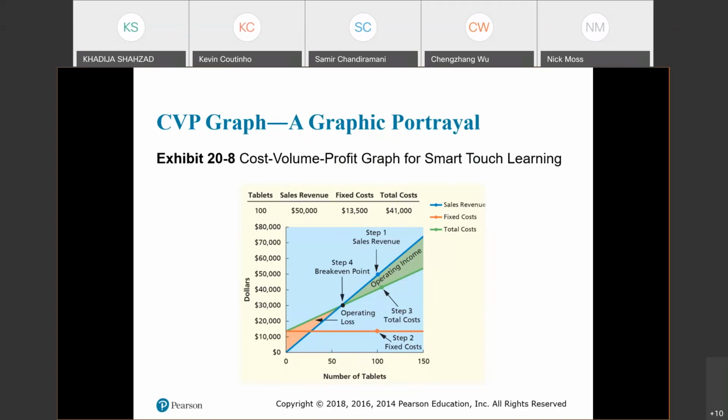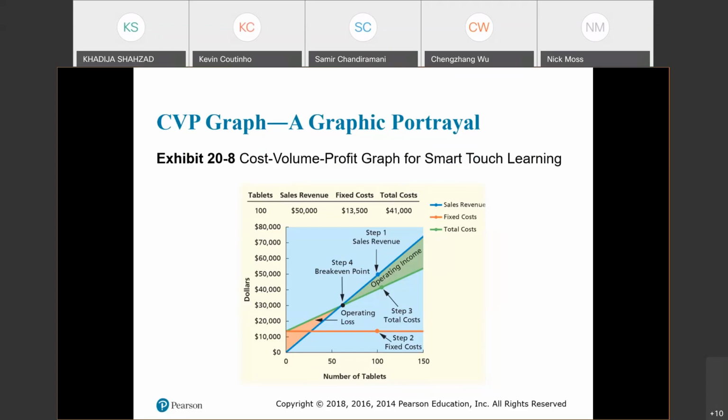Actually, as I said, we assume that Smartest Learning Company has a fixed cost of $13,500. And obviously, the green line indicates the total cost, where the total cost here is a mixed cost.